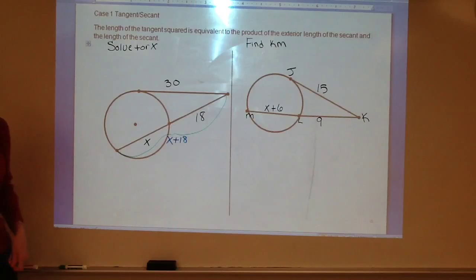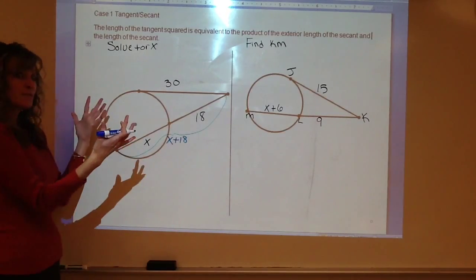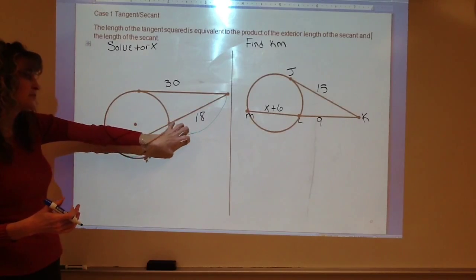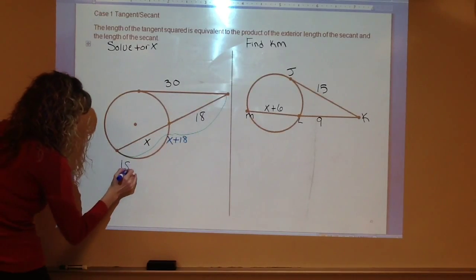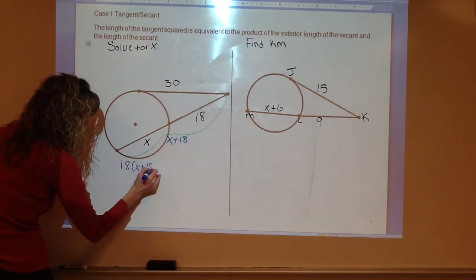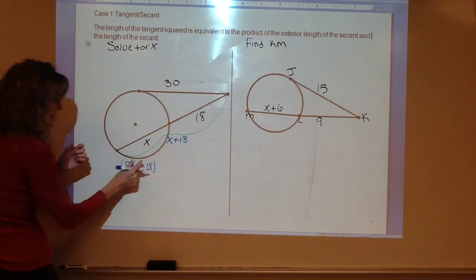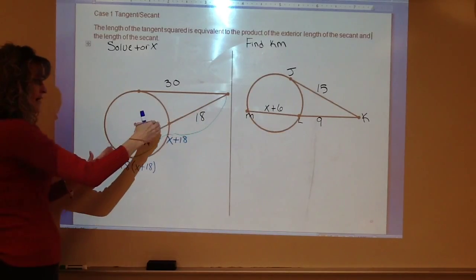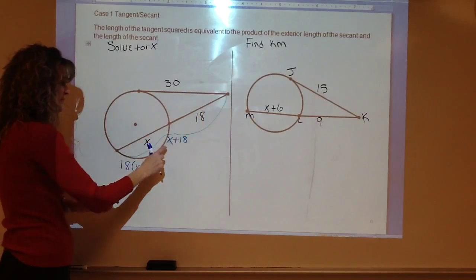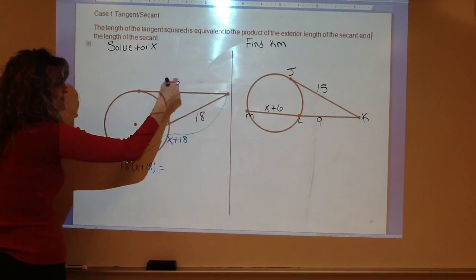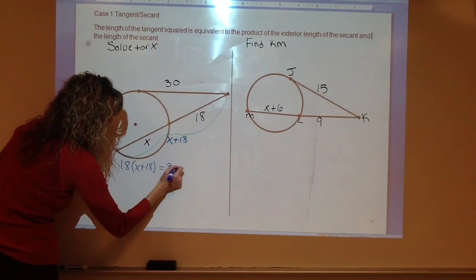Okay, so there's my formula. It's going to be this outside times the whole thing, so it's going to be 18 times x plus 18. So the outside times the whole length. And how did I get that whole length? I added this piece with that piece. That's why it's x plus 18. And that is equal to the tangent squared.